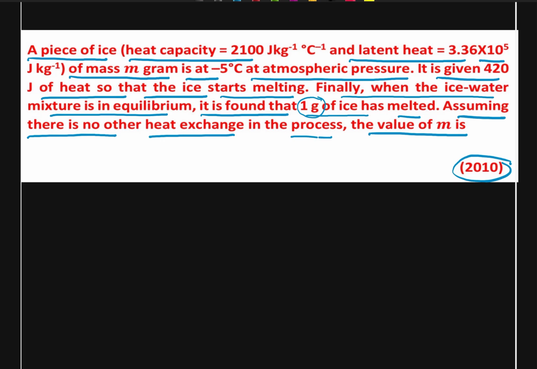So in this case, first of all we have our initial state, and the initial state only has ice.